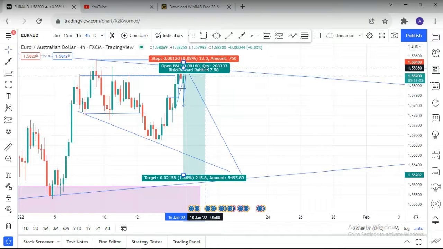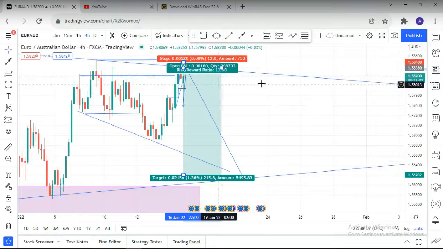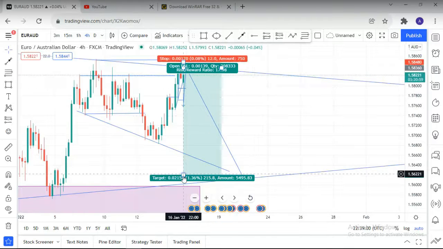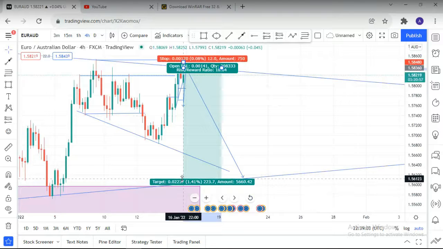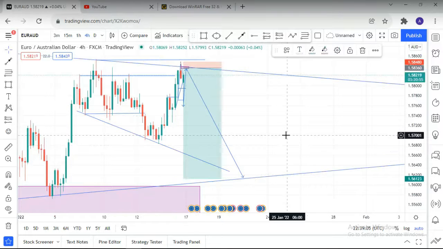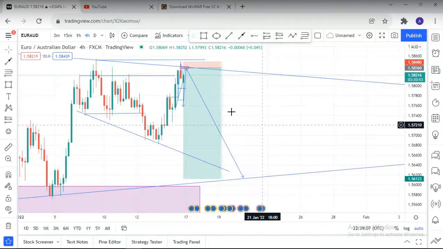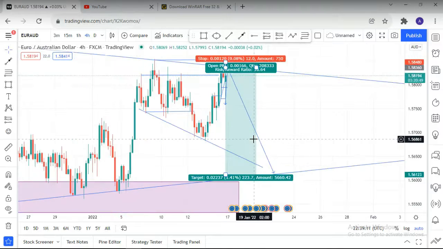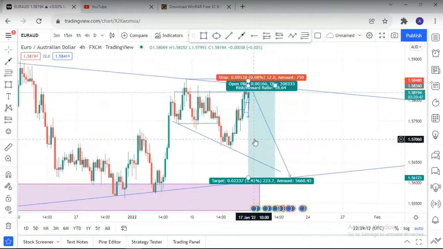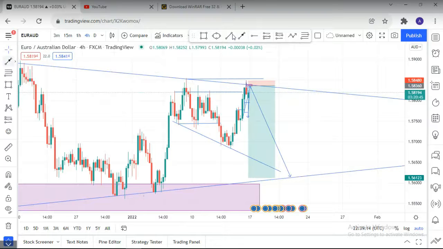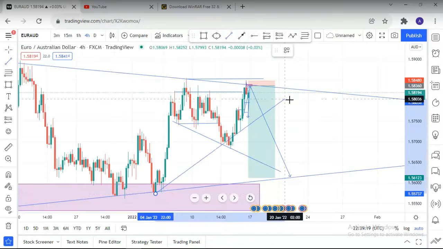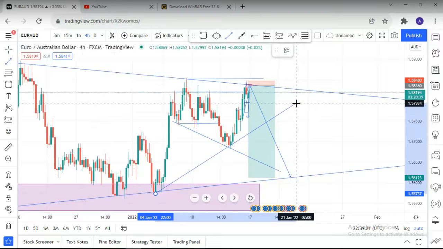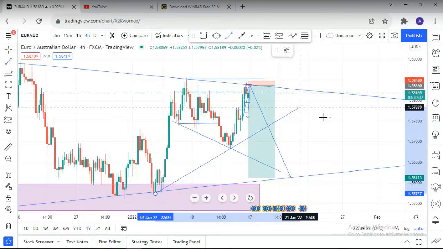If this plays out, there's a potential 1:18 risk to reward trade, and that really excites me. I'm looking forward to seeing what price decides to do within that zone. My first bet would be that price drops down at least to somewhere here.